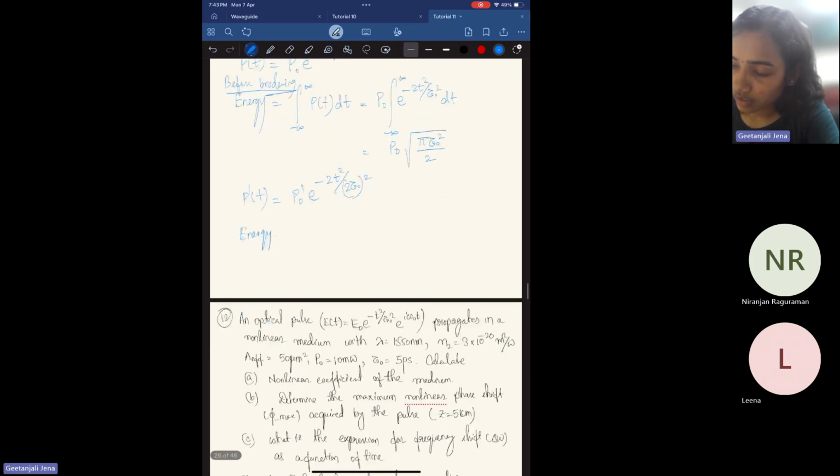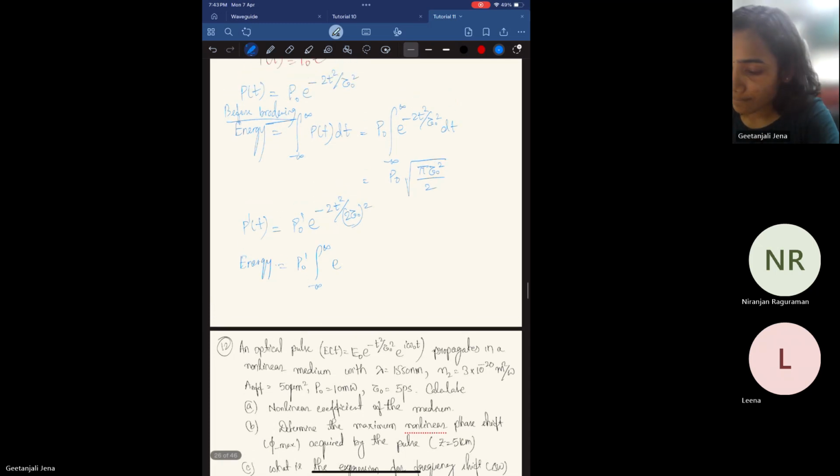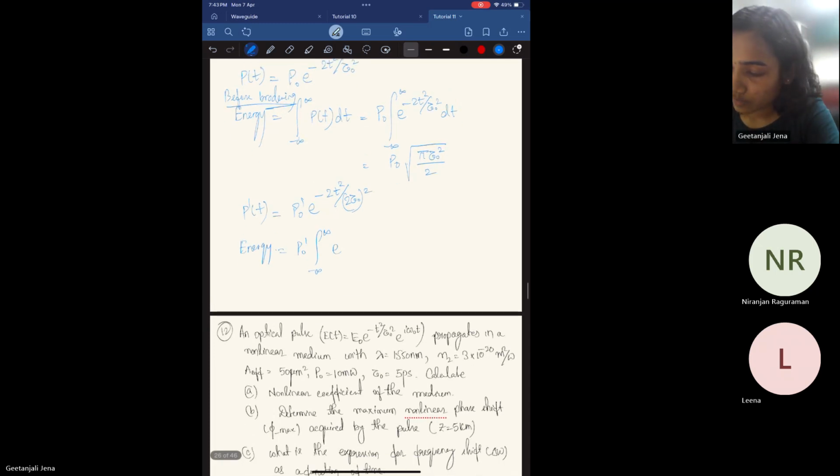It is nothing but E0 prime, integral from minus infinity to infinity of e to the power minus 2t square by 2 tau 0 square.